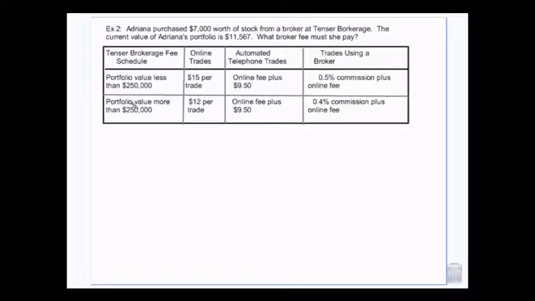If you have more than $250,000, it's $12 per trade. She used a broker. So she's not online or automated. She's in this category here, trades using a broker. She's also under $250,000, so she's paying a commission of 0.5% plus the online fee.